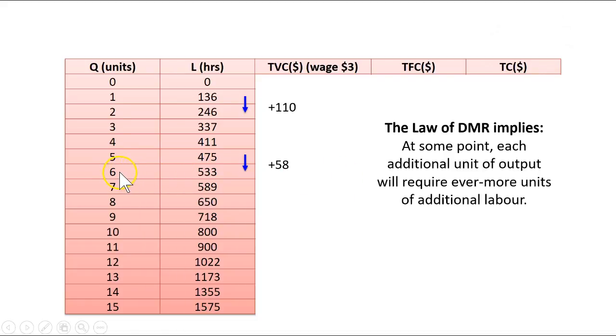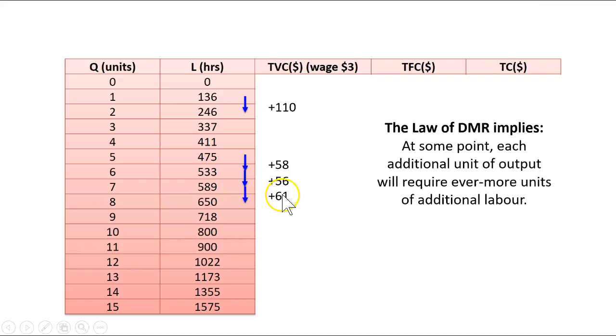What about to produce the 7th unit of output? We'll have to employ an additional 56 hours of labour. To produce the 8th unit of output, we'll need an additional 61 hours of labour.